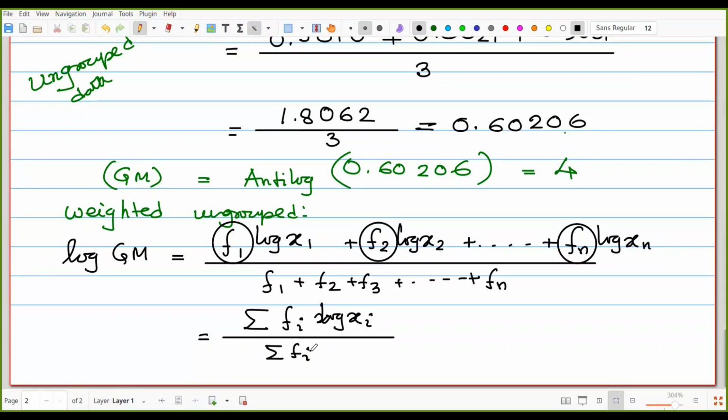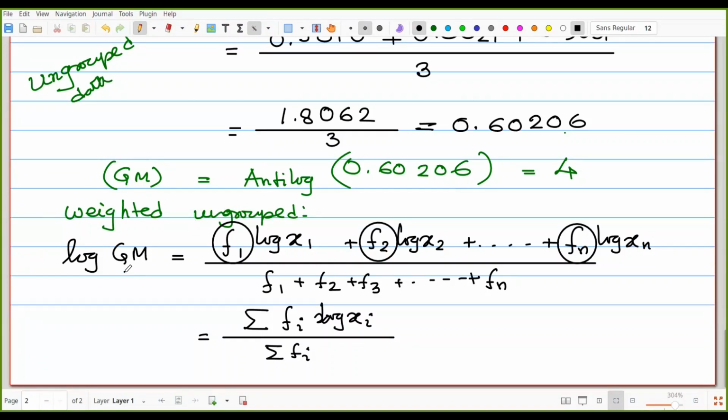So that is the normal way we can find out. Most of the cases, weighted ungrouped data we normally do not use. For the unweighted ungrouped data, we normally don't use the geometric mean. In that case, we can use the arithmetic mean, but that is the way.